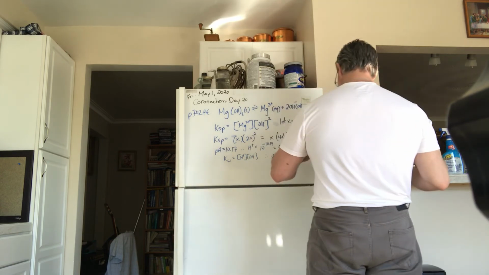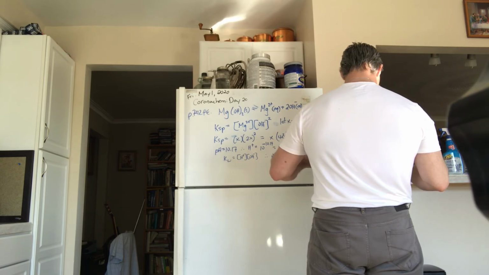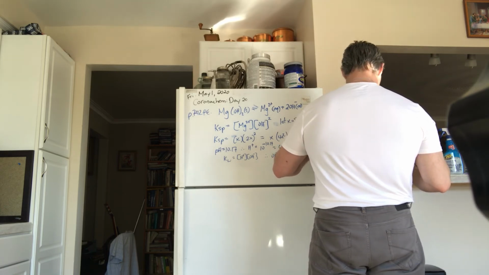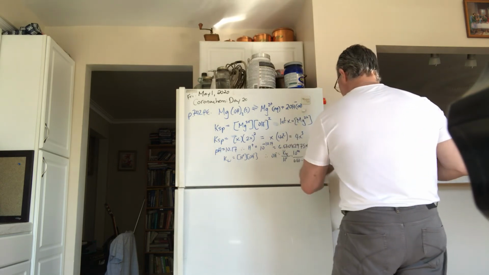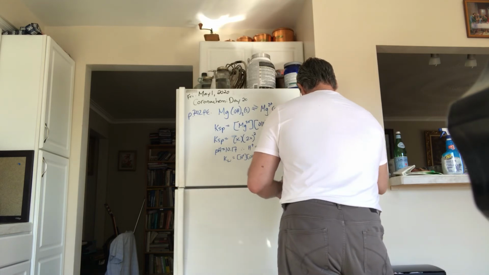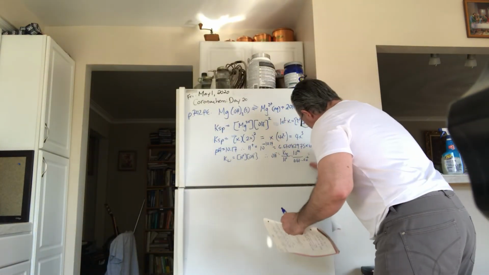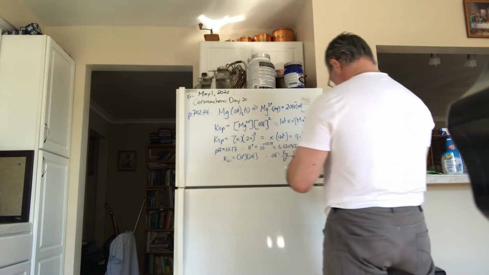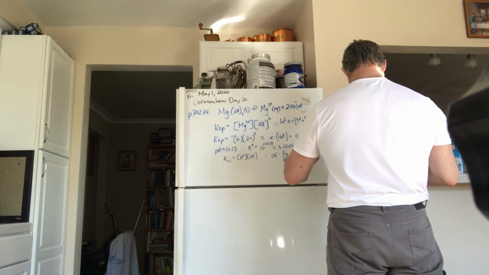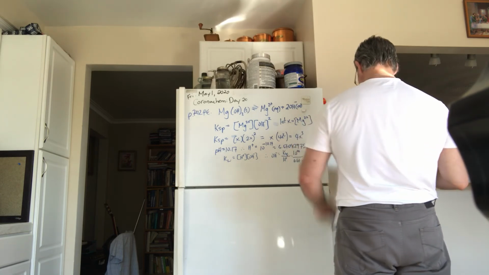What you get is an OH concentration of 1.479 times 10 to the negative 4. So that's the OH minus concentration.